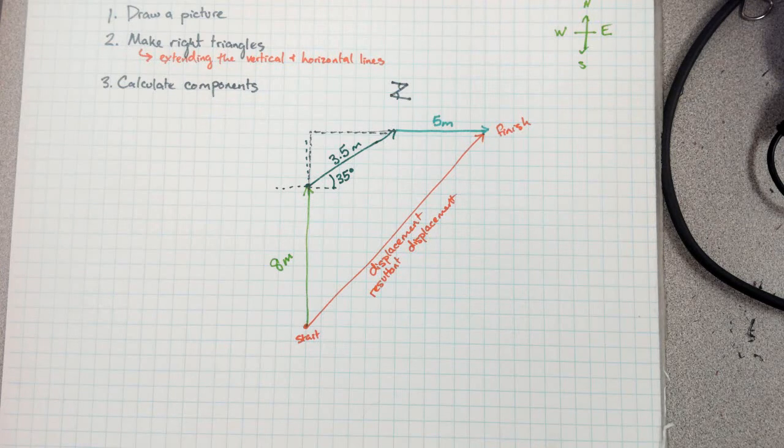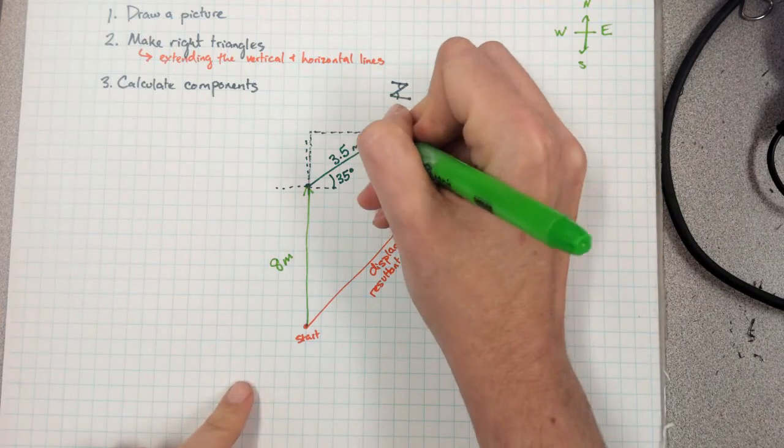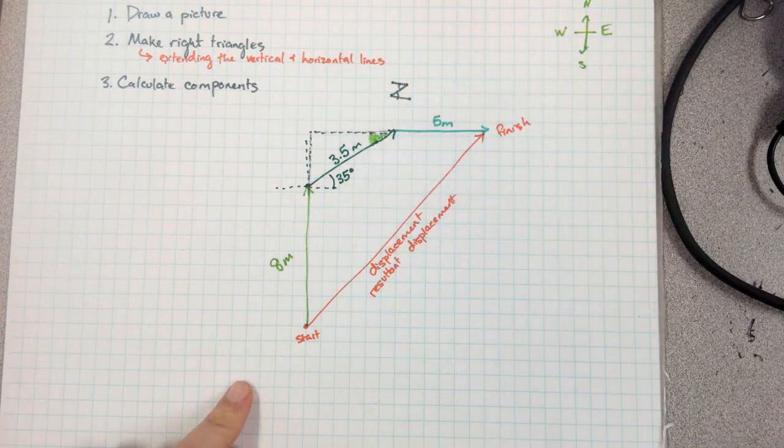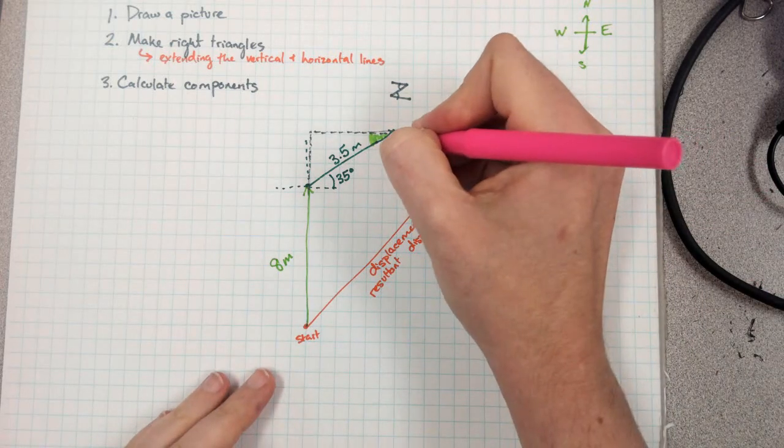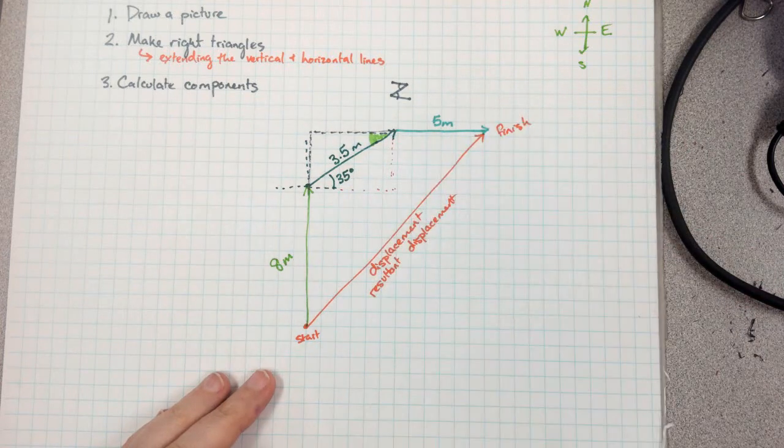So we know that the 35 degrees that's over here is the same as that angle there. That's one thing we could do. Or, and it just depends on which way your brain prefers, you can make the triangle go inside.